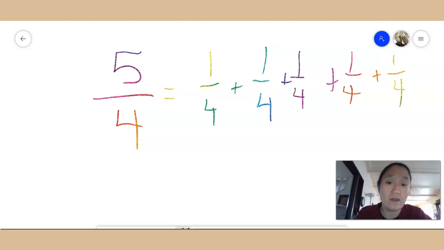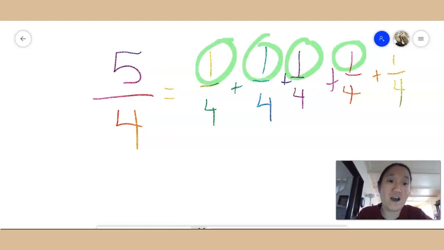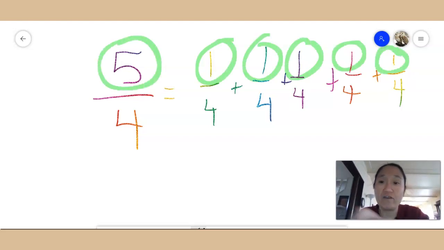So I have altogether 1, 2, 3, 4, 5, 5/4 here, because that's how addition works. We just count the pieces of fourths that I have.